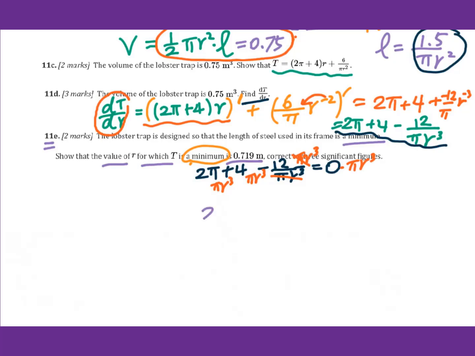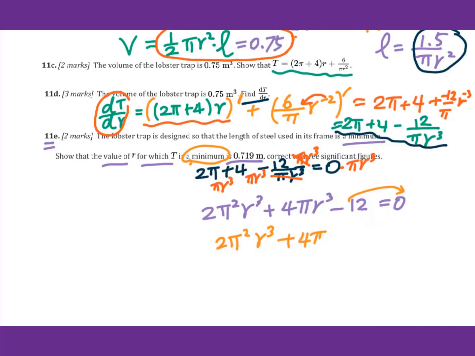You will get 2 pi squared r to the third power plus 4 pi r to the third power minus 12 equals 0. This is a power form equation, so I add 12 to both sides. You will get 2 pi squared r to the third power plus 4 pi r to the third power equals 12.